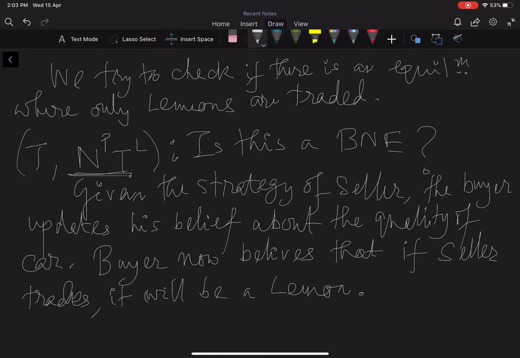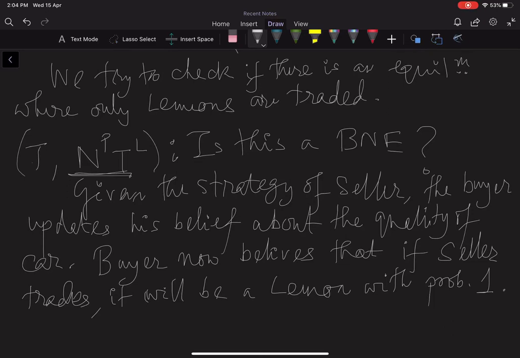Okay, so basically just to be more specific, the buyer believes that it will be a lemon with probability 1. Now notice that this updating process, given the strategy of the opponent, actually uses Bayes rule.